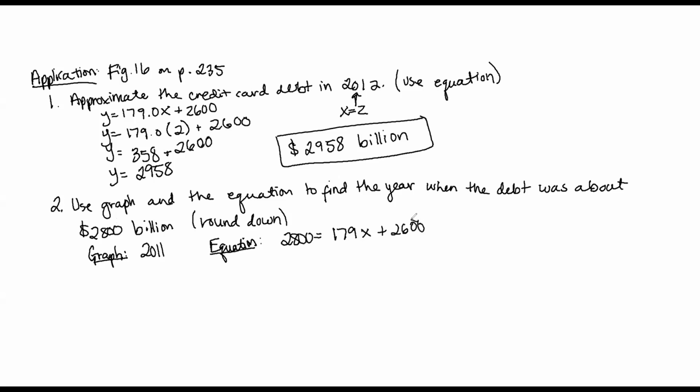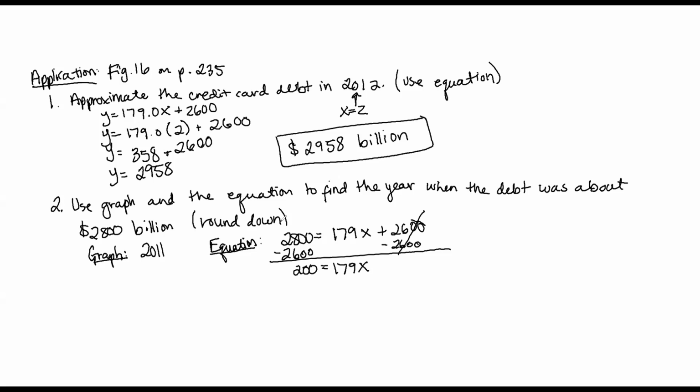Now we want to solve for x, so I will subtract 2,600 from both sides. And we get 200 equals 179x. And if we divide both sides by 179, you can do this long division off to the side. I'm going to go ahead and just write down what we get.